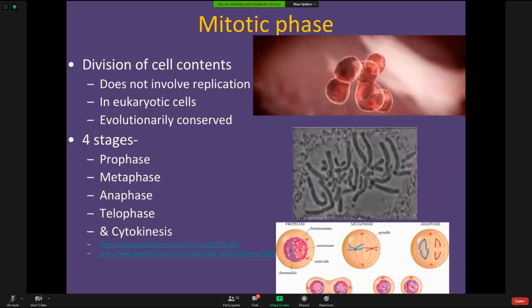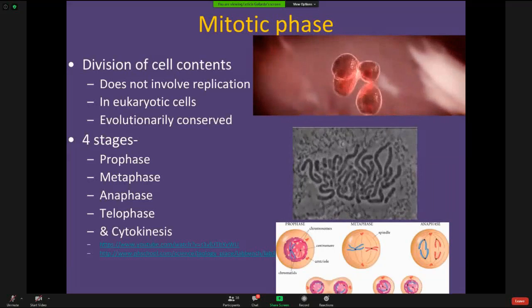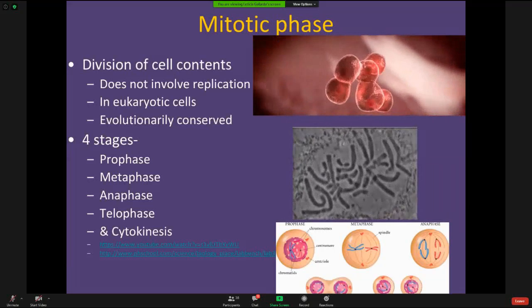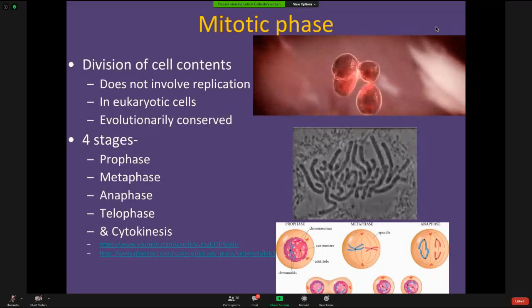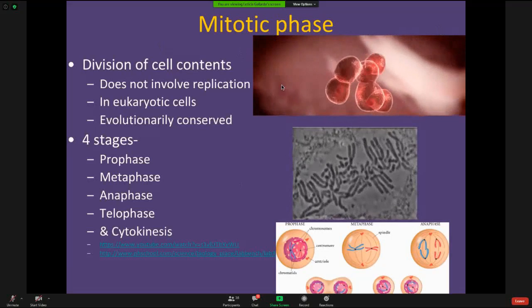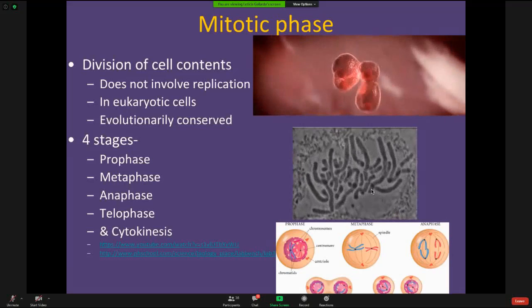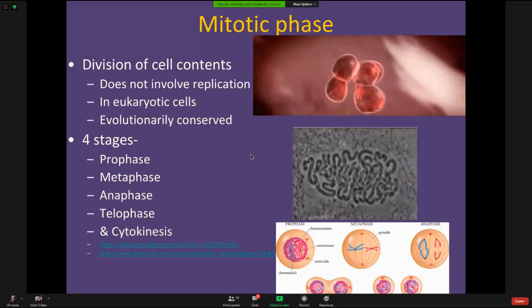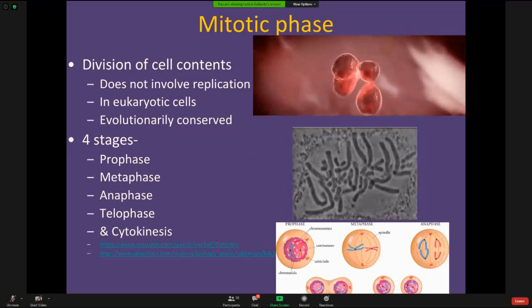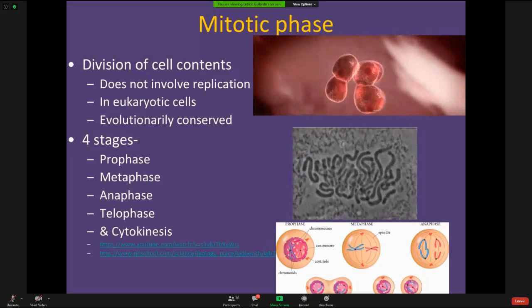So again, mitotic phase is made up of mitosis and cytokinesis. And we're going to see that mitosis, right, that happens during the mitotic phase, is going to be broken down into these 4 steps: prophase, metaphase, anaphase, telophase, as if they were distinct 4 chunks of things that happen.